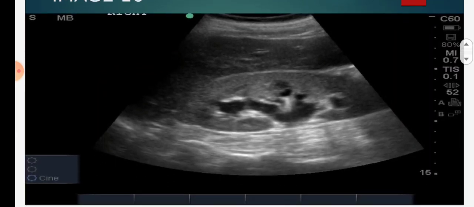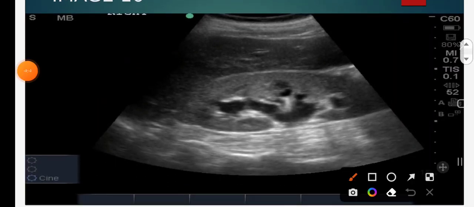Number 10, what is the diagnosis of this kidney, right or left kidney? The feature of mild hydronephrosis, the dilation of the calyces, capsule, cortex and medulla.